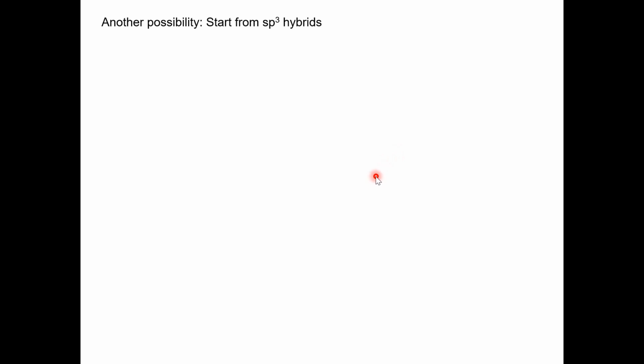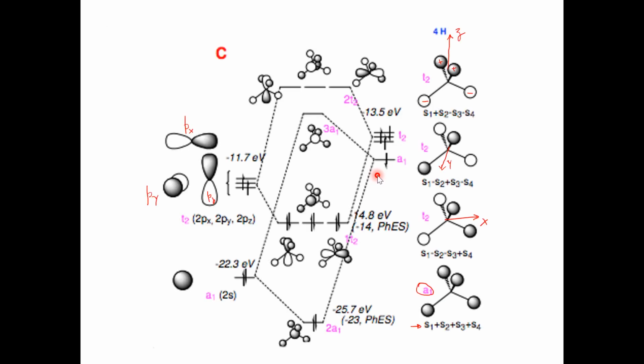So you might wonder why I started from s and p orbitals here, when I discussed the ammonia molecule, I started from sp3 hybrids, and methane is also sort of a tetrahedral structure.